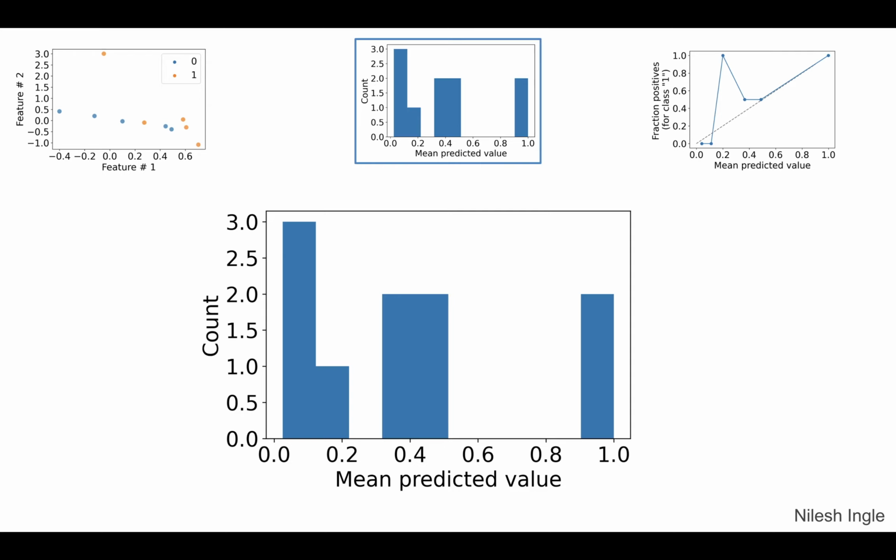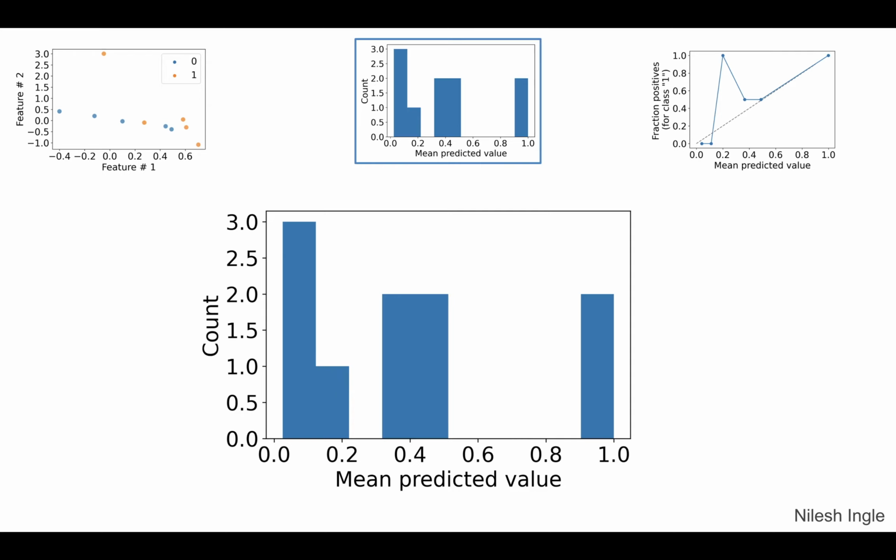For example, in this case, we have class 0 and 1. Within each of the bins, we calculate how many of the classes are 1 and what the associated probabilities are. From that, we can calculate the bin averages for probabilities that were predicted by the classifier, as well as the true probabilities that are based on the classified values.